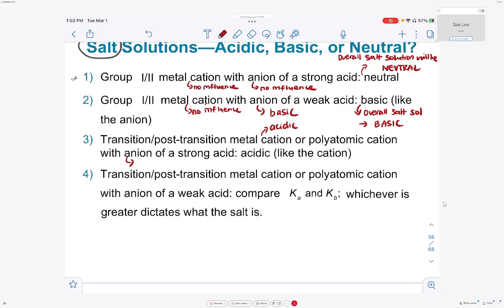The anion of a strong acid will have no influence on pH. So what happened to the overall salt solution? The overall salt solution is going to be acidic. Why? Because of the presence of these metal or polyatomic cations.